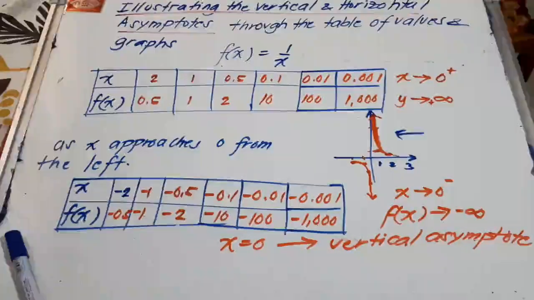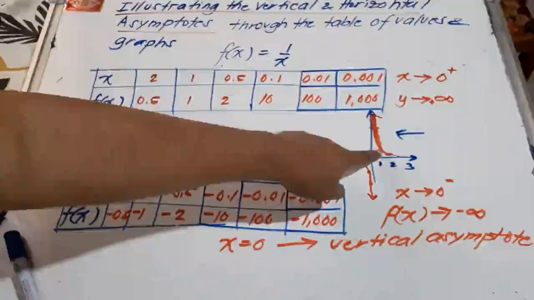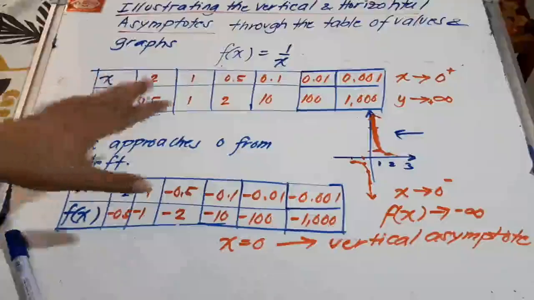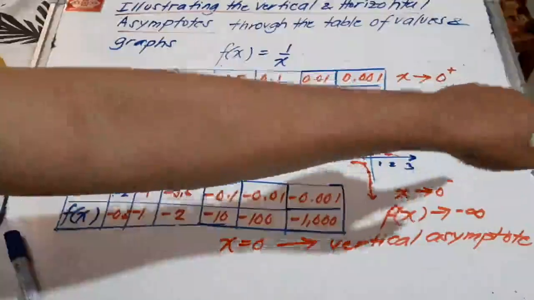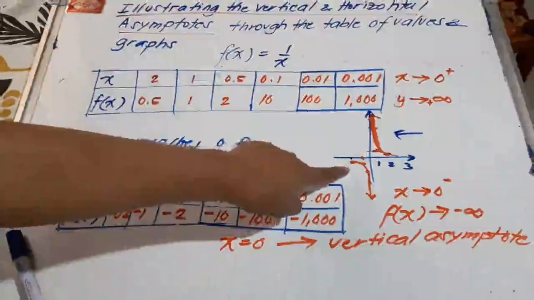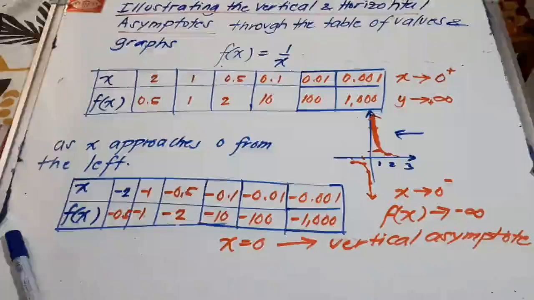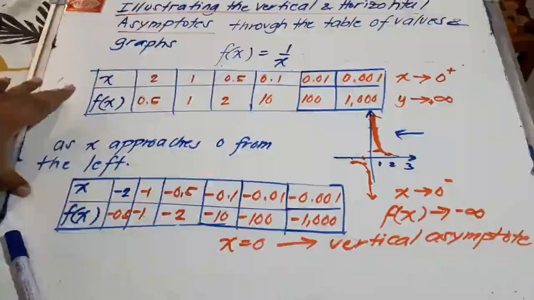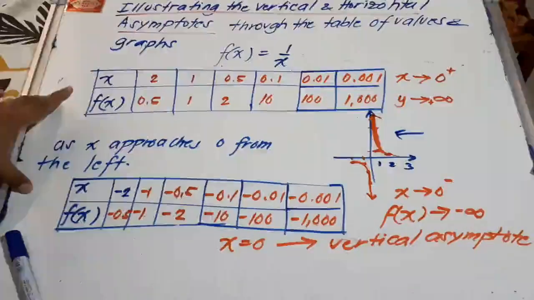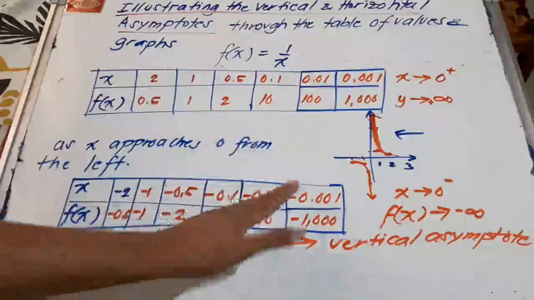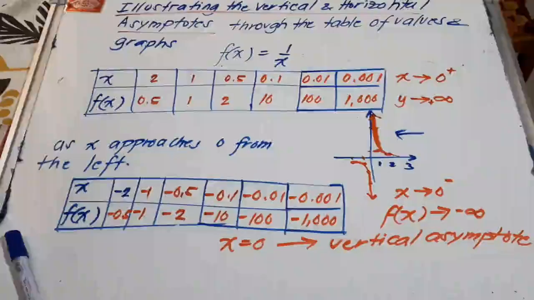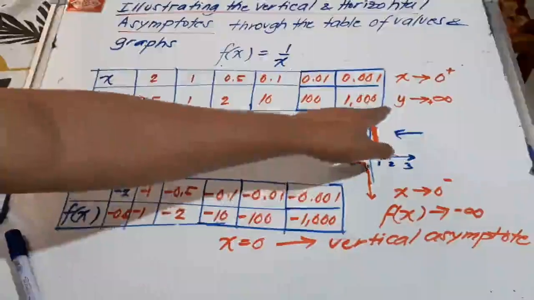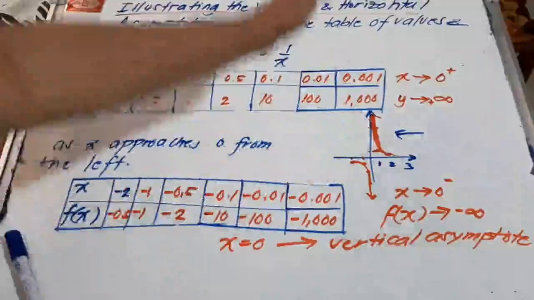Okay. Question is, ano ang nangyayari dun sa ating function f of x as x approaches positive infinity or x approaches negative infinity? Yun ang aalamin natin. Okay? Kasi dito sa table of values na to, nakita natin habang papalapit sa 0 yung ating x from the right, f of x is approaching positive infinity.